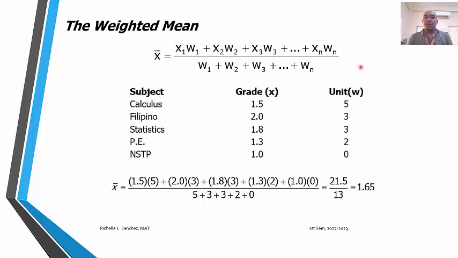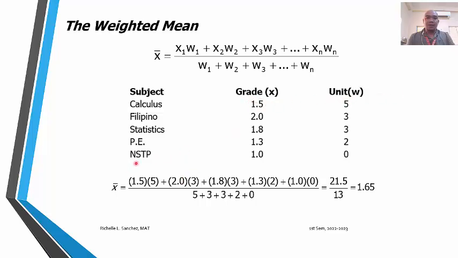To compute the weighted mean, we have to multiply the X and the W. The formula for our weighted mean is the summation of X times W divided by the summation of W. So in this case, first we multiply 1.5 by 5.